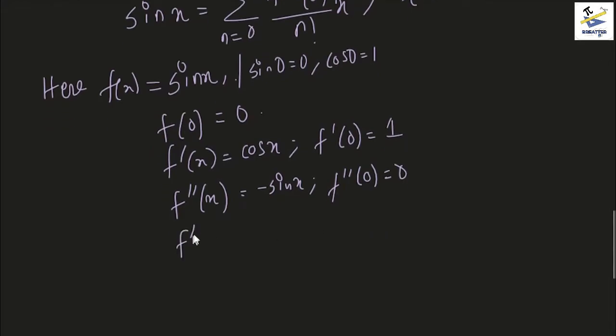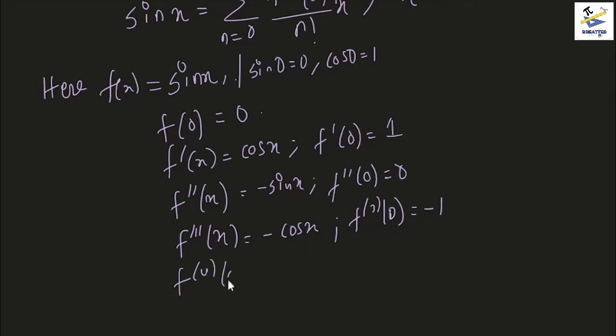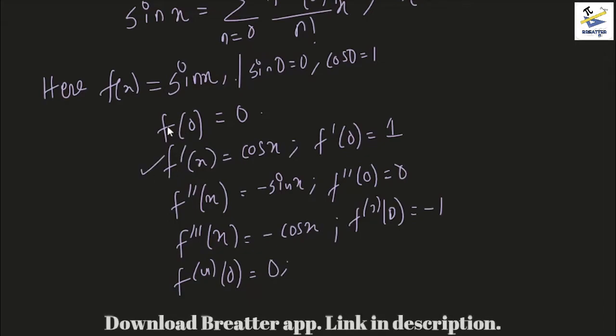Then again f triple dash x would be minus cos x, because the derivative of sine x is just cos x, and f triple dash 0 would be equal to minus 1, while f fourth derivative would be sine x again, f4(0) would be 0, and f5 would be same as f1.